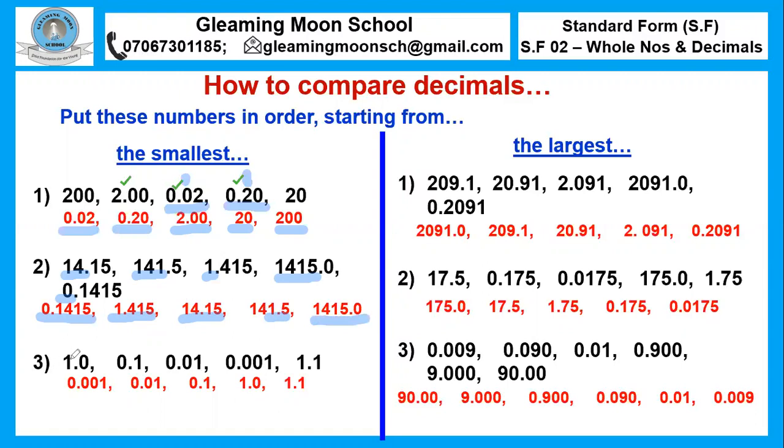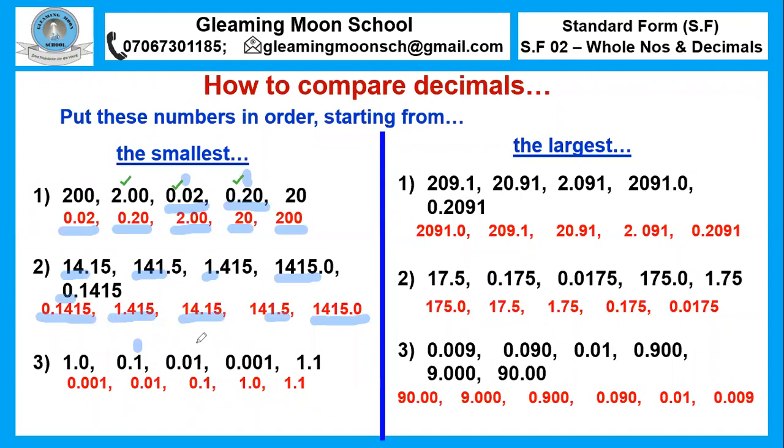Now looking at number 3, we have 1.0, 0.1, 0.01, 0.001, and 1.1. So we have 3 numbers here that are less than 1. Okay, now this one has the 10th as 1, so that's the highest value.